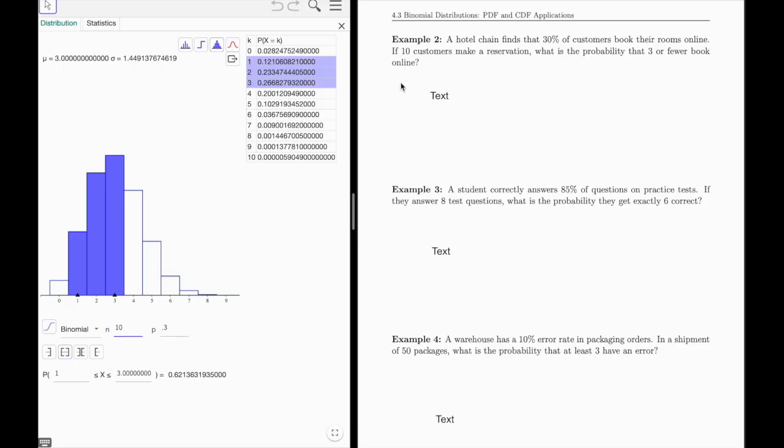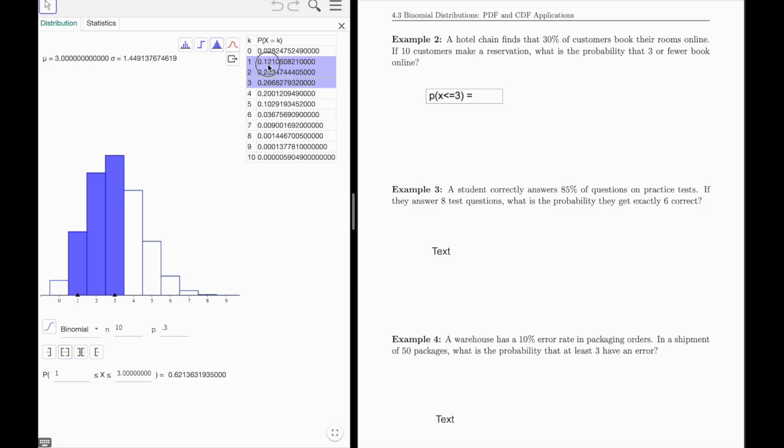in here. And now we need to figure out the probability that 3 or fewer book online. So we have the probability that X is less than or equal to 3. And that's what we need to find.